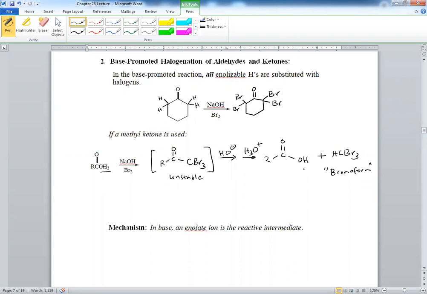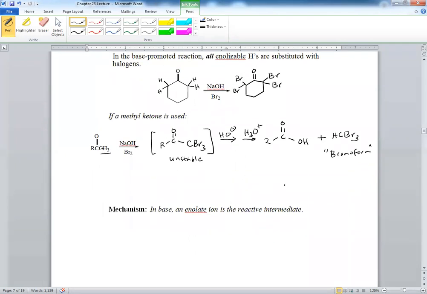So it's like chloroform. Now, you also can have an iodoform. So if you actually use iodine, you end up with, after the reaction takes place, the same carboxylic acid plus HCI3, which is iodoform.